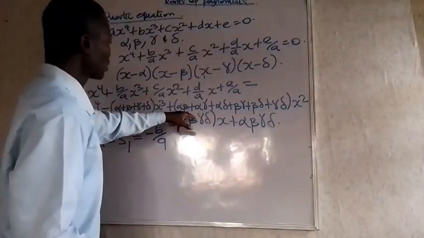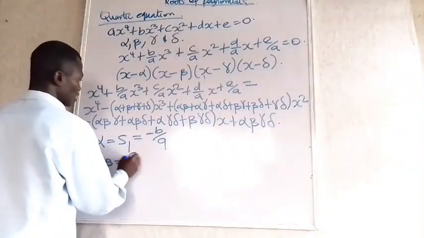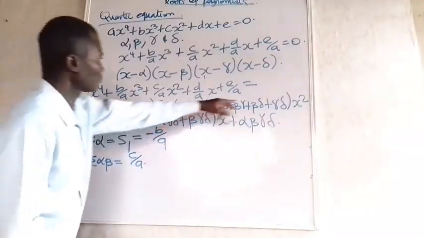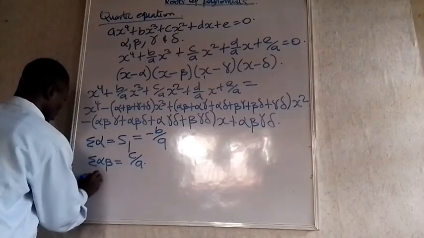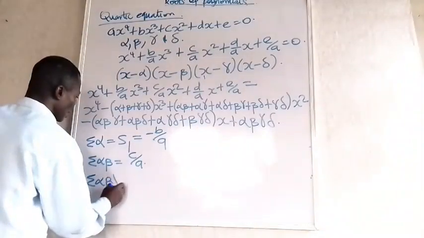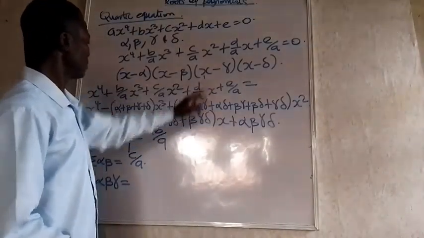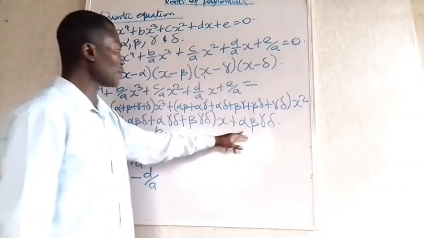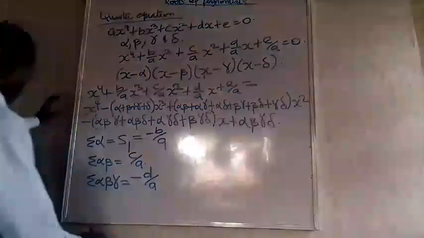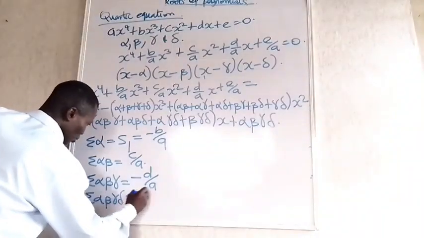Now, summation alpha beta is equal to c over a. Summation alpha beta gamma is equal to minus d over a. And alpha beta gamma delta is equal to e over a.